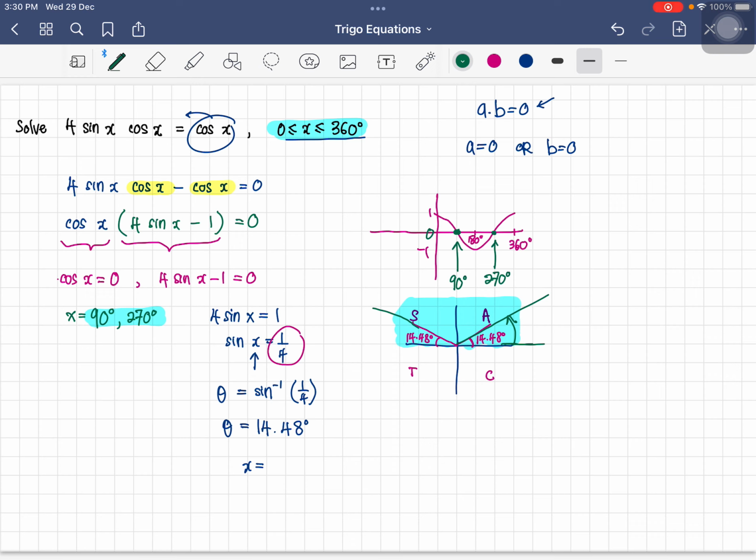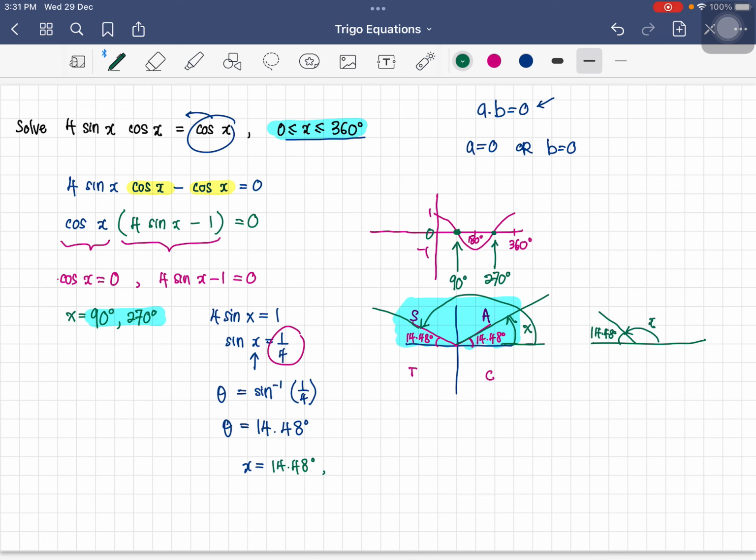So you get 14.48 degrees. Another value of x is from here to this angle. So how do I find this angle? It's actually something like this. This one is 14.48 degrees, so this is my x.